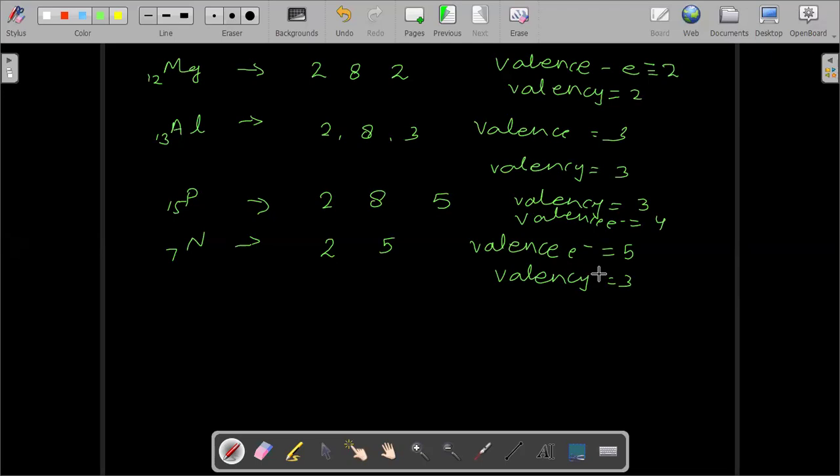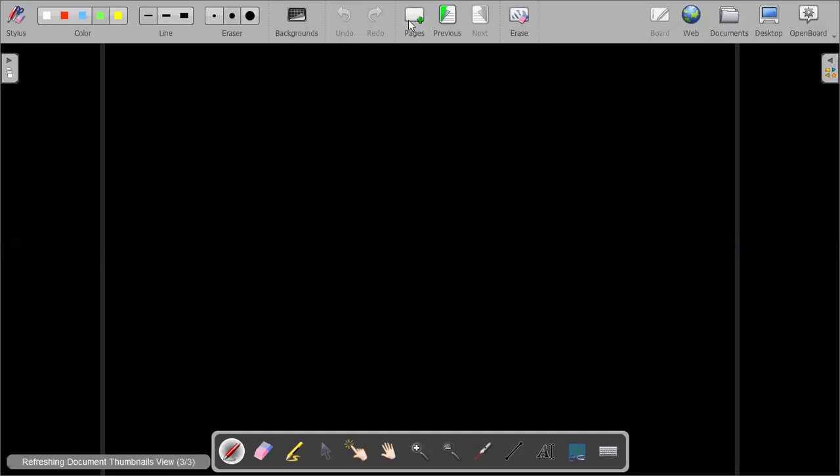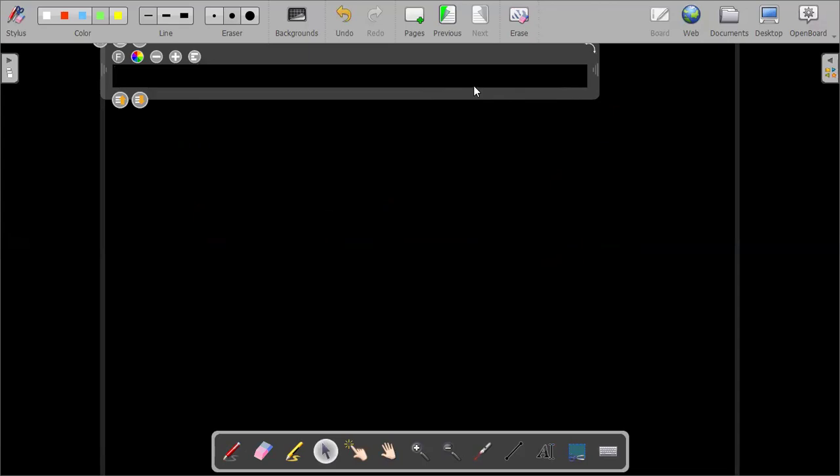Now, since we have started with the valence electron and valencies, we will also do the valence electron and the valency of ions. Let's see the ions here. So what are ions? Positively or negatively charged atoms.